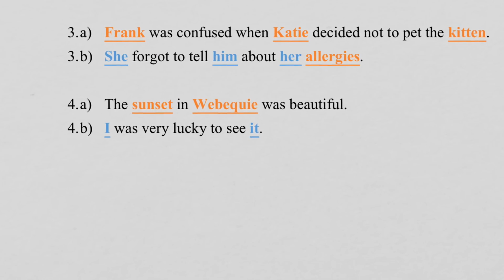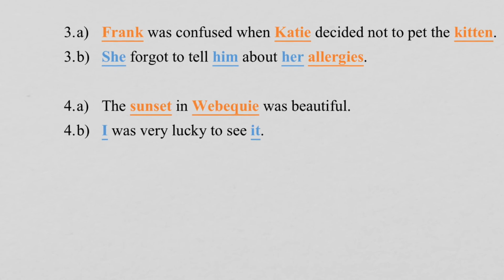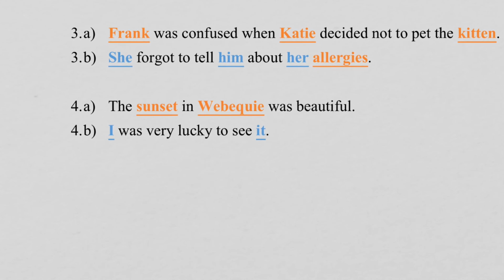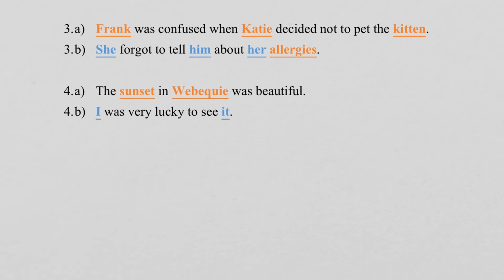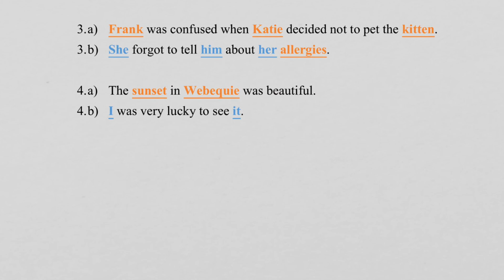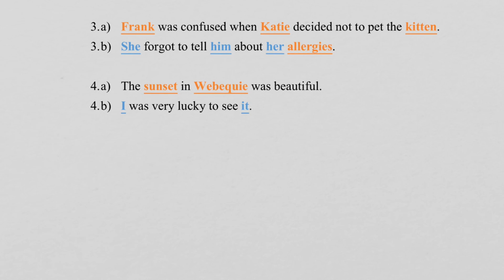And we also just mentioned Frank, so we know that him is being used instead of Frank. And it makes sense that if we're talking about her allergies, we're talking about Katie's allergies, right? So we have 3 pronouns, she, him, her, and 1 noun, allergies, which is also a plural noun.